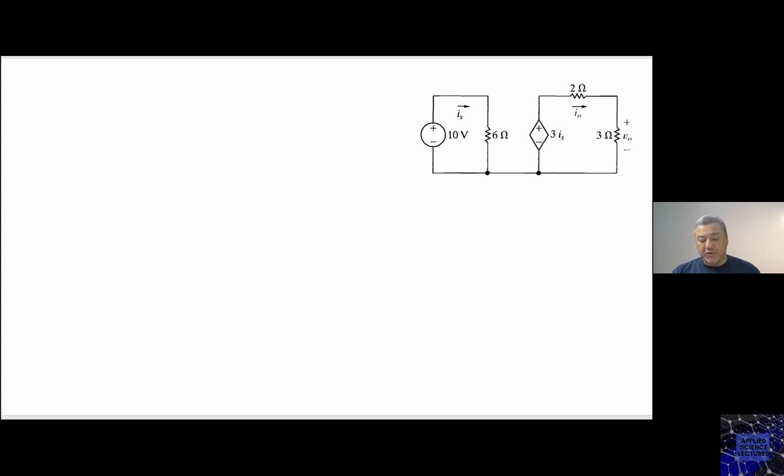What we know so far is that this 10 volt is across... Can somebody tell me where shall I start from? I want you to participate if that's possible in solving those problems, because this is very good practice for you.